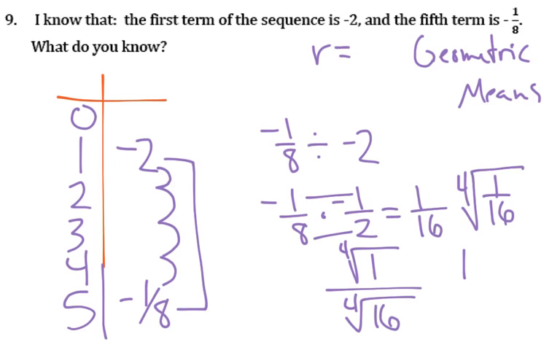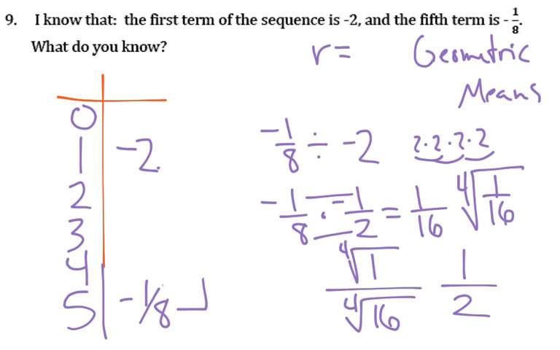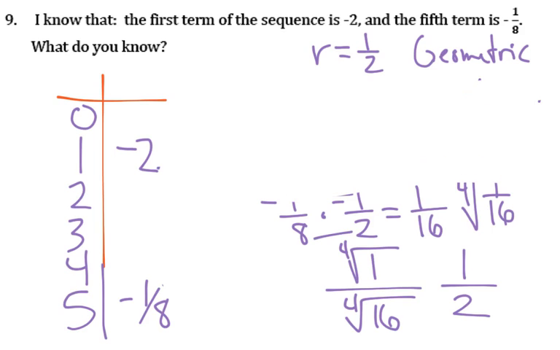Then I take the 4th root of 16, and I believe that's 2, because 2 times 2 times 2 times 2 would give us 4, 8, 16. So if I took the 4th root of 16, it gives me 2. So we are multiplying, our constant ratio is 1/2. That's what we're multiplying by here.